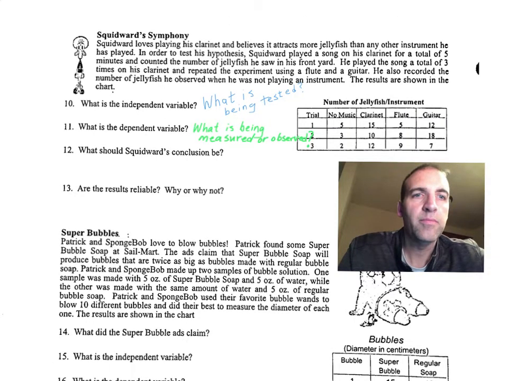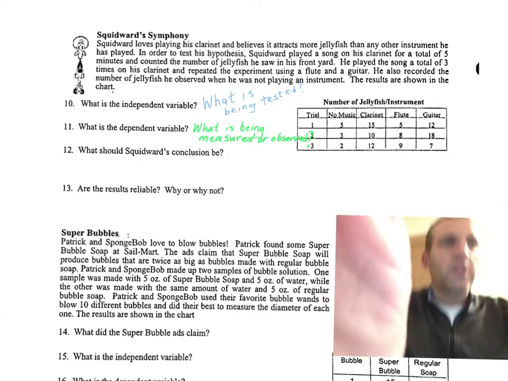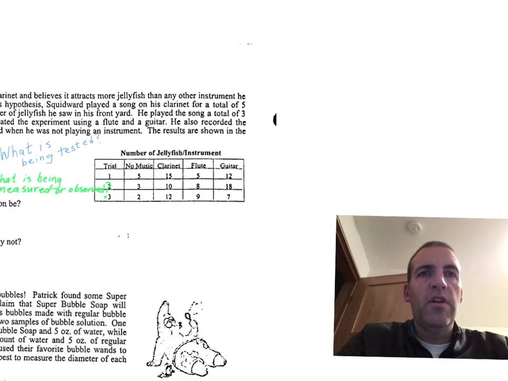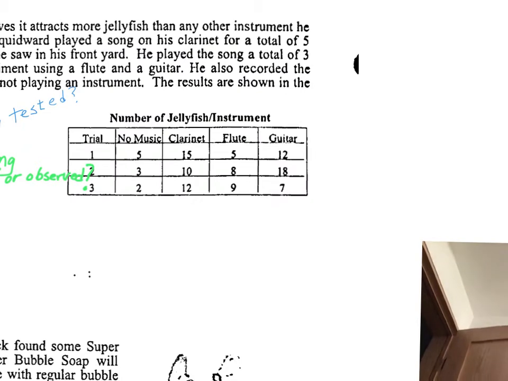Question 12 asks you, what should Squidward's conclusion be? So looking at his results, which are in the chart, was the clarinet the instrument that attracted the most jellyfish? So to answer this question, let's take a look at our data. Our number of jellyfish: when we had no music playing, Squidward saw a total of 10 jellyfish.